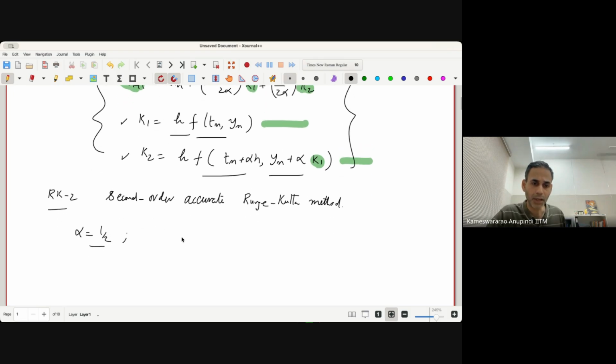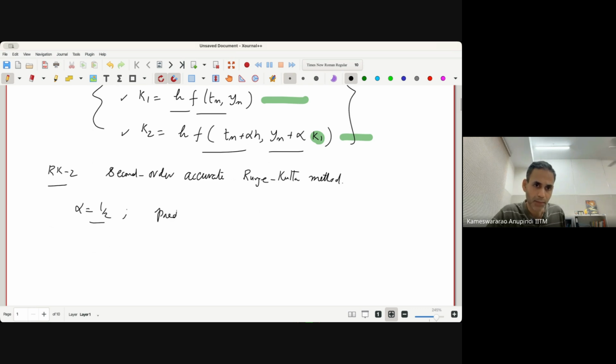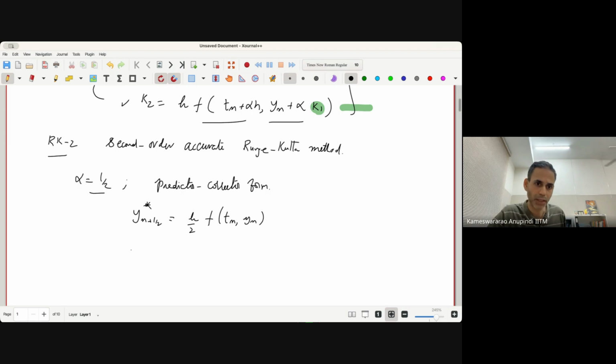In general, these equations are written in a slightly different form in the RK2 method, known as the predictor corrector form, in which it is written as yn plus half star equals h by 2 times f of tn comma yn, and then yn plus 1 equals yn plus h times f of tn plus 1/2 h comma yn plus half star.